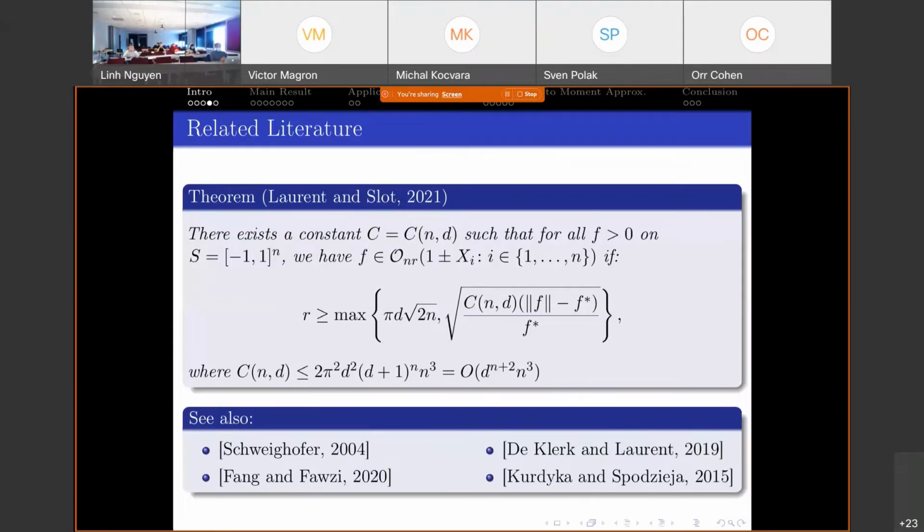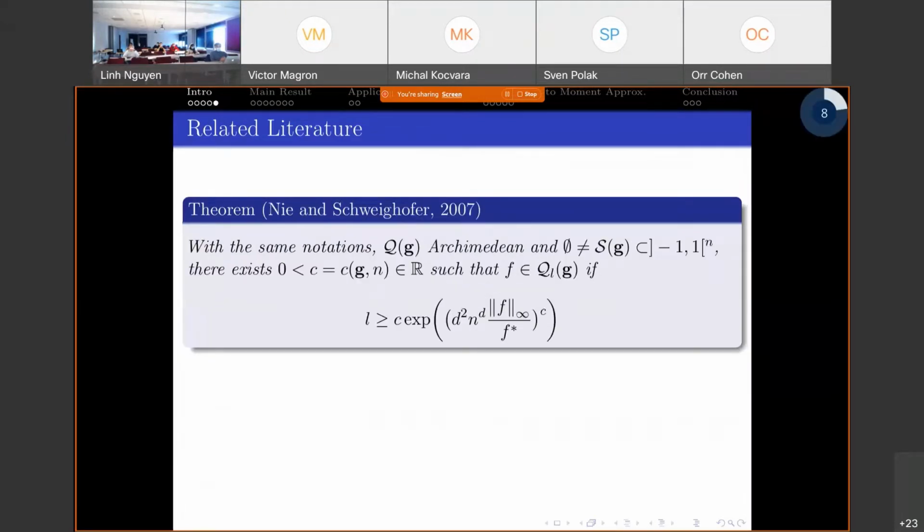Okay, and now let's move to the elephant in the room. That is the theorem by me and Markus. So if we have, with the same notations, the quadratic module Q Archimedean, and a normalization assumption, so the semi-algebraic set S included in the interior of the hypercube, then there exists a constant that depends on the description of the semi-algebraic set and, of course, on the number of the variables, such that f belongs to the quadratic module at level L when L is bigger or equal than C times the exponential of a quantity that involves, you see, our epsilon of f.